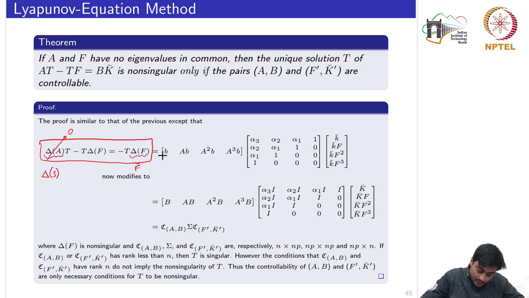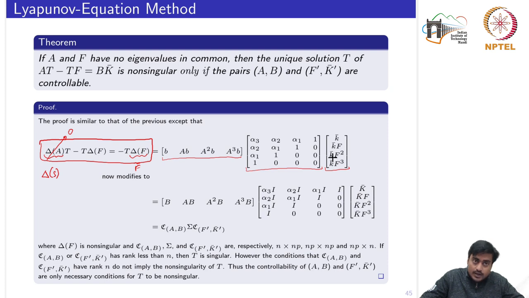On the right hand side, we have the controllability matrix of the pair (A, B), the controllability matrix of the pair (F transpose, K bar transpose), and in the middle we had a square matrix which is non-singular. Now for the multivariable case, all the small b's would change into the capital B's.